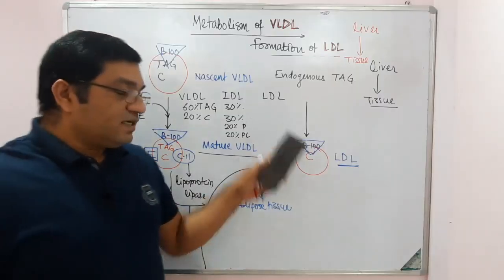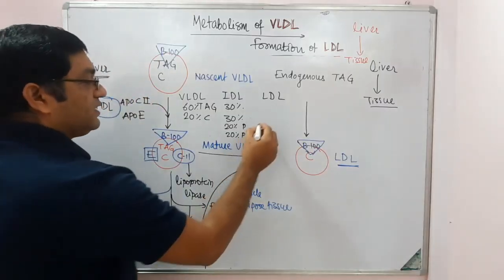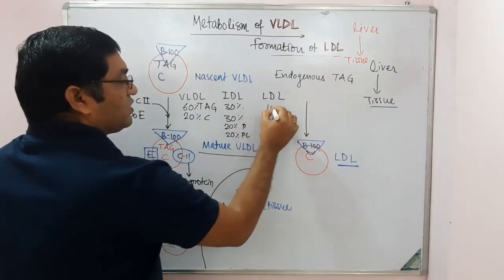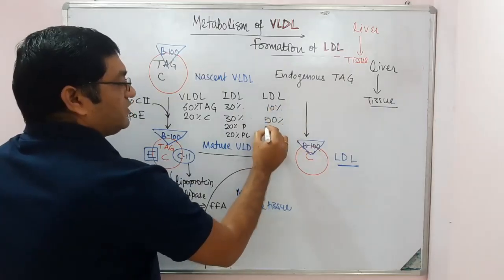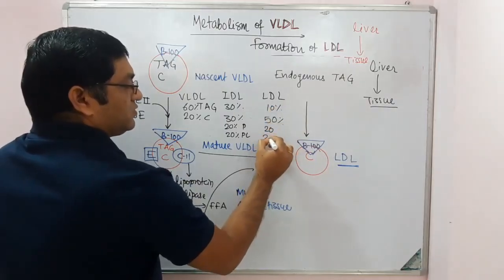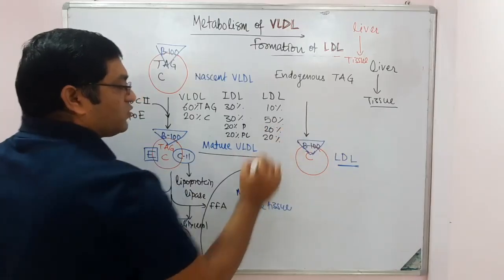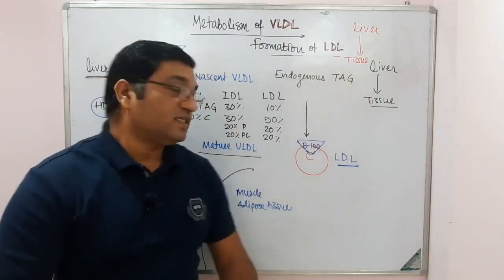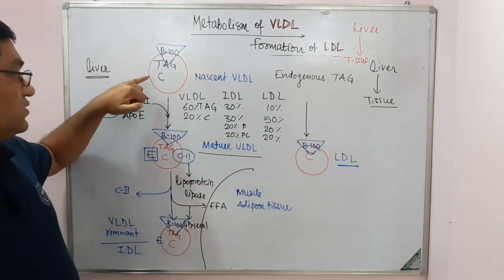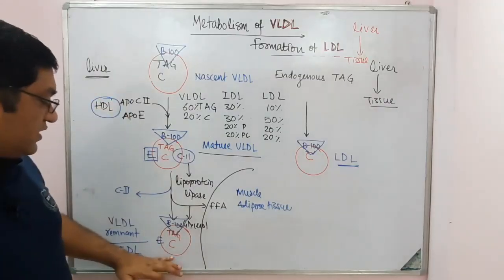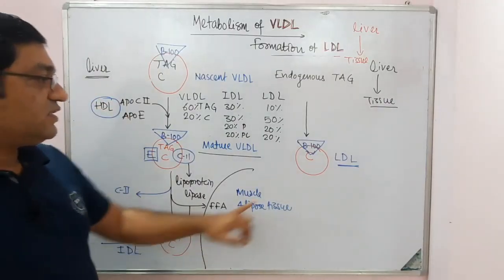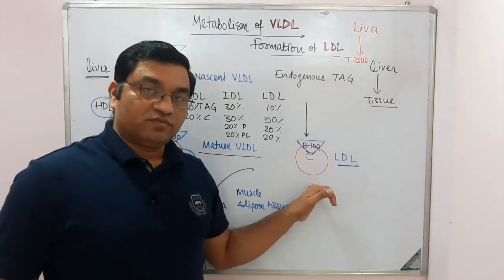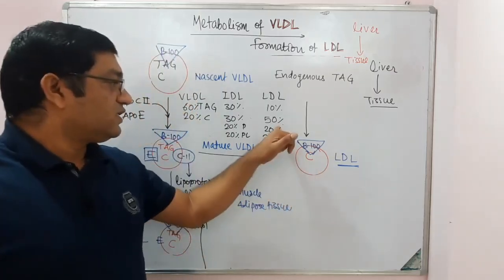While in LDL, the cholesterol content is 50%, triacylglycerol is 10%, and 20% is phospholipid and proteins. So this is the difference in the content of TAG: VLDL contains 60%, intermediate density lipoprotein contains 30%, and LDL contains 10% TAG, and the cholesterol content is increased in the LDL.